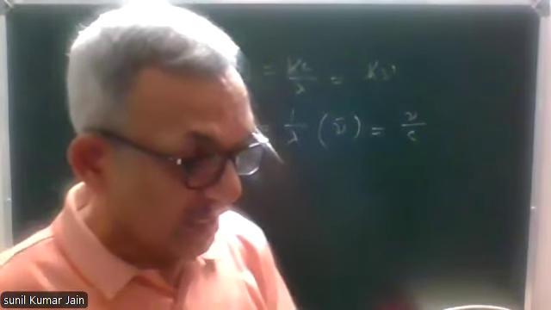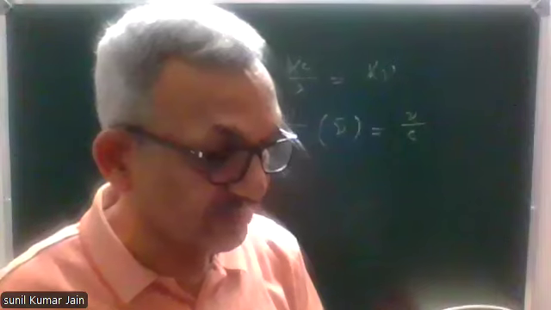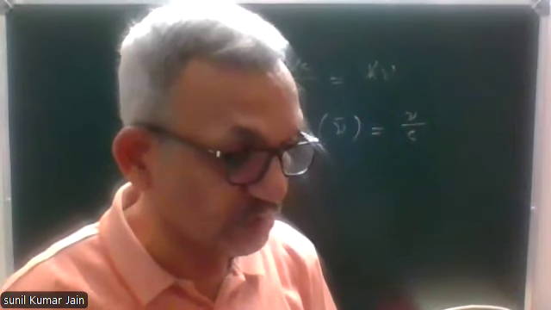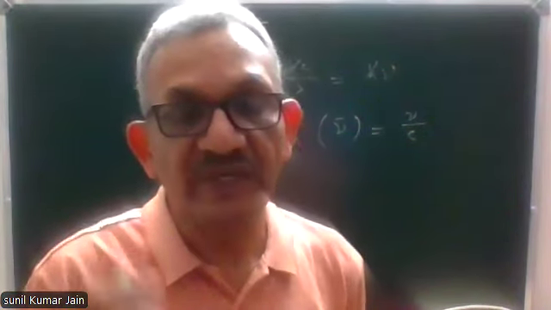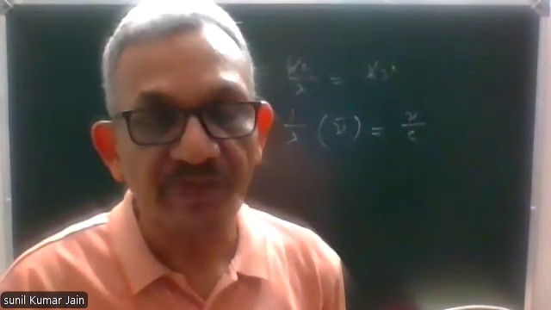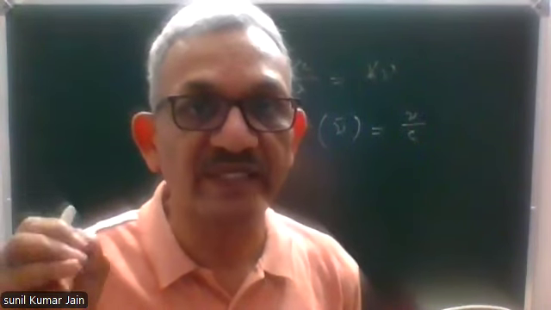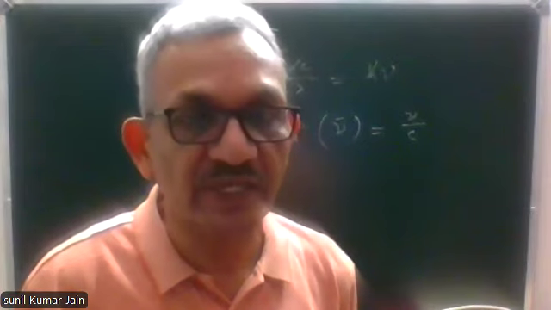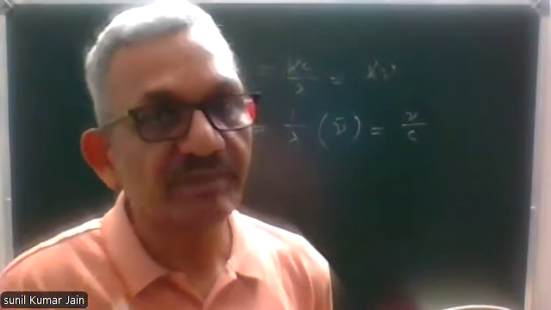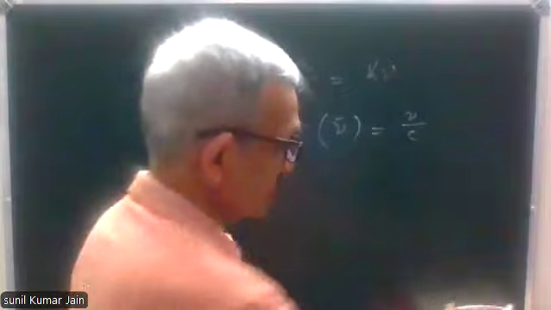Second, how many photons of wavelength 4000 angstrom would carry 1 joule of energy? We'll calculate the energy of one photon and then divide the total energy. That is, 1 joule of energy is the total energy. We divide 1 joule by the energy of one photon.